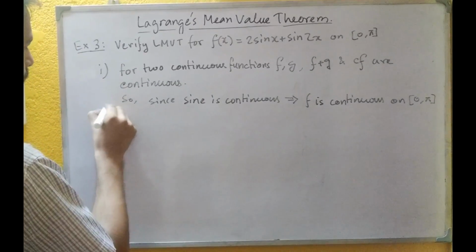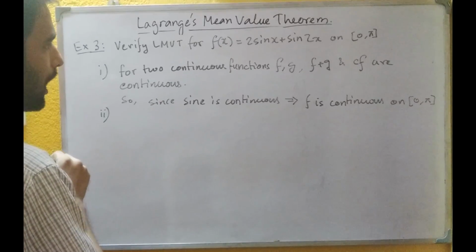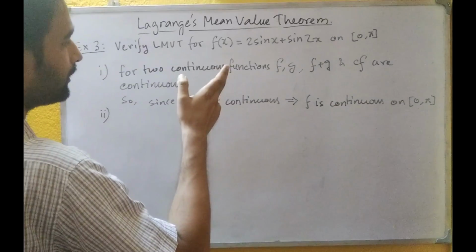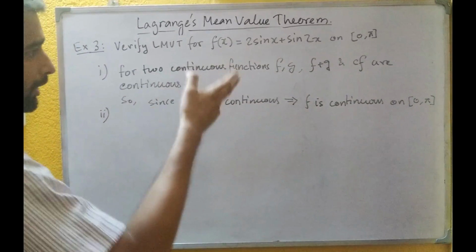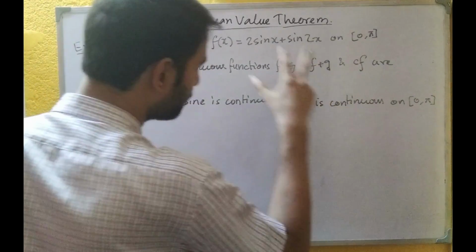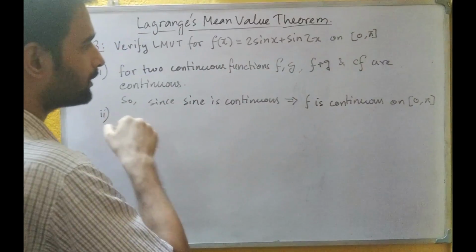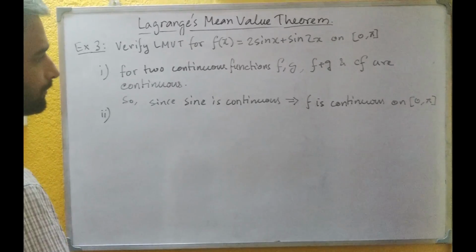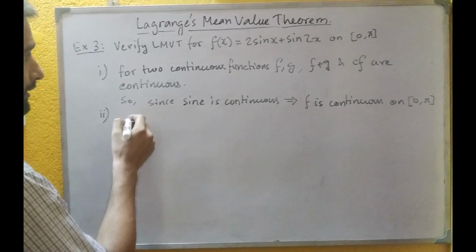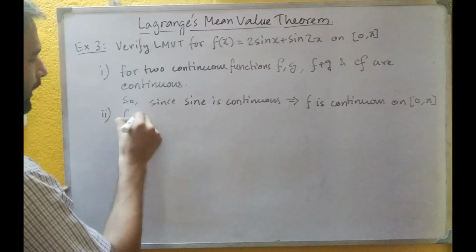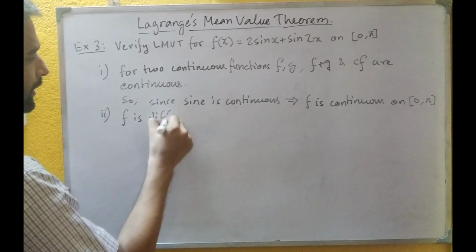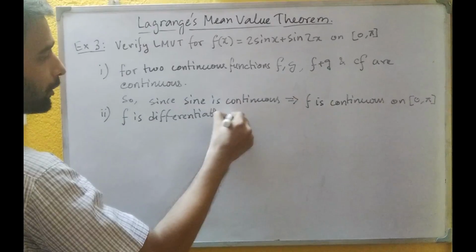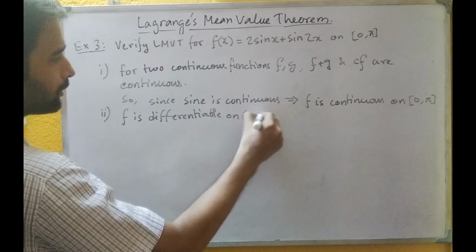Number 2, the differentiability. Also see the same thing: the scalar multiple and the addition of two differentiable functions are also differentiable. So with the same reason we can say the function is also differentiable. I am not writing it in detail, I am just writing that f is differentiable on the open interval 0, pi.